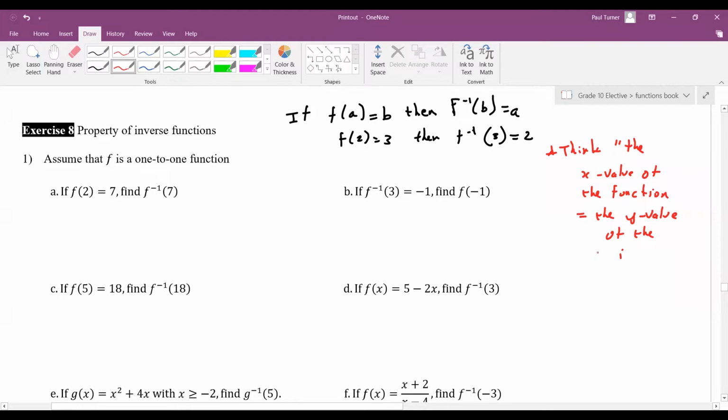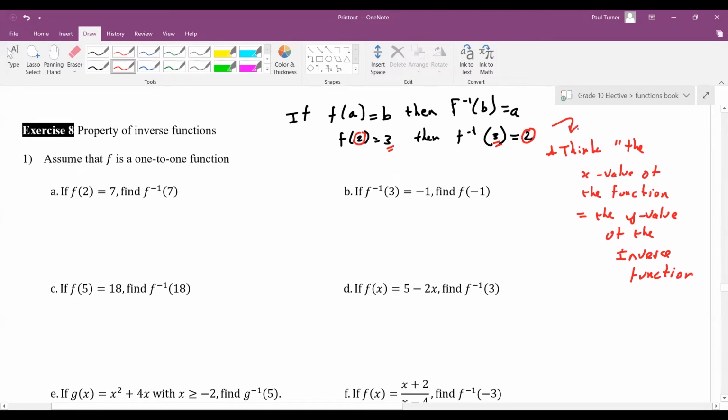So (2, 3) in the function becomes (3, 2) in the inverse function. So this is a useful way to think about this. I would take note of that somewhere, because that's really what this is telling you here. So the x value of your function, which is 2, becomes the y value of the inverse function. And the y value of your function is the x value of your inverse function, like that. That's all it's telling you here.